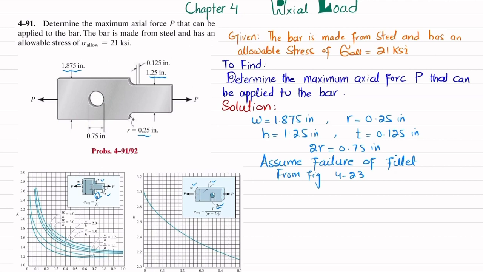We will find the value of W by H and R by H. So W by H is equal to 1.875 divided by 1.25, that will give you 1.5, and R by H will be equal to 0.25 divided by 1.25, that is equal to 0.2.